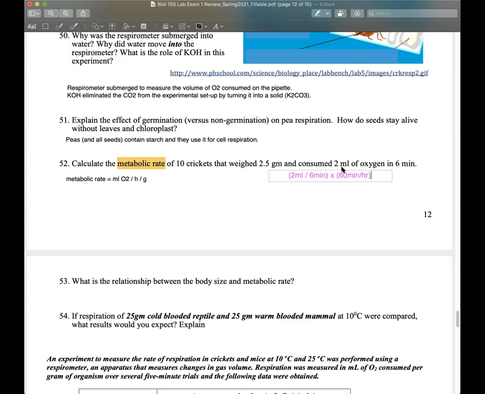I know it's not set up right here because it's linear and doesn't look like a nice cross multiply thing, but 2 mils per 6 minutes times 60 minutes per hour. So then the minutes cancel out and we're going to be left with mils per hour. So let's do this calculation and see what it comes to.